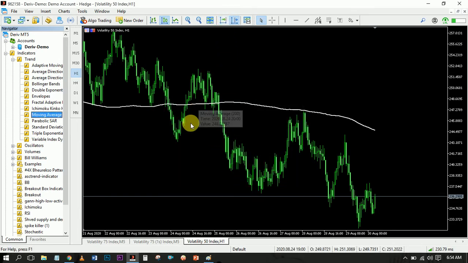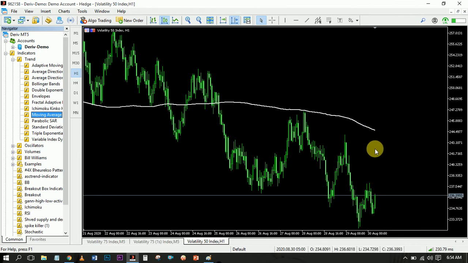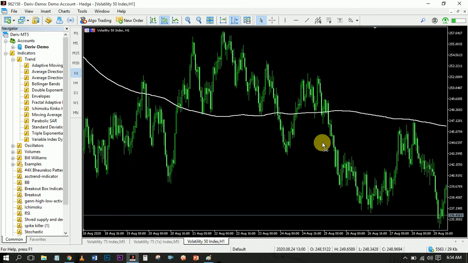Now why I like this is because the 200 moving average helps you to filter the overall position of the market, or I would say the overall direction of the market, if it's upwards or downwards.